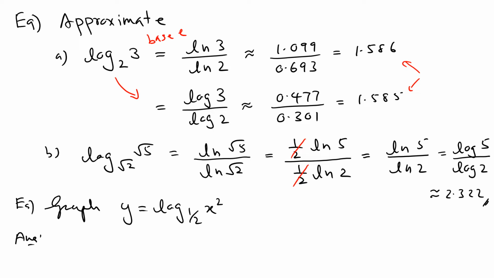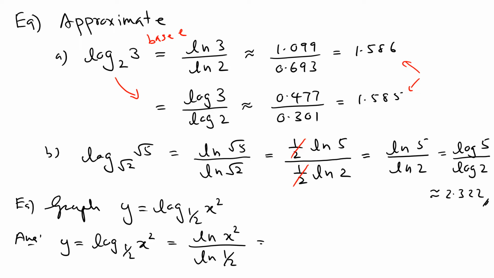So we have y equals log base 1/2 of x squared. Now we can use the base change formula with ln. That means this can be ln x squared divided by ln 1/2. We can write it like that.